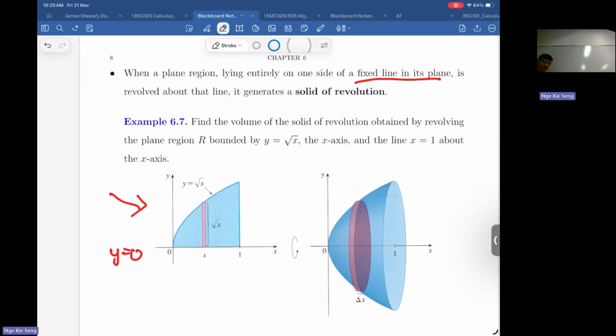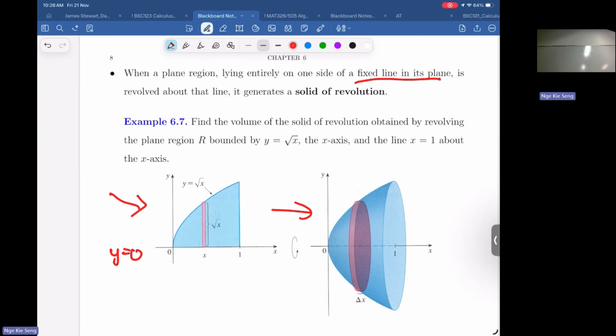So you generate this kind of like a speaker here. You can see that there's a circle coming in here, right, because you rotate. So now you want to find the volume of this solid of revolution, obtained by revolving the plane region R bounded by y equals square root of x.